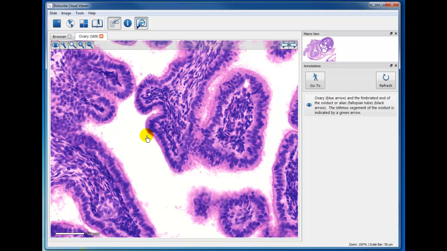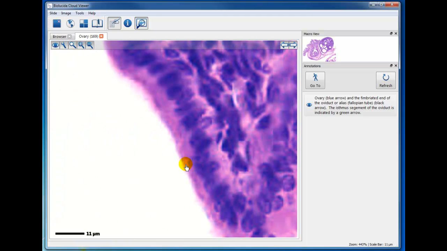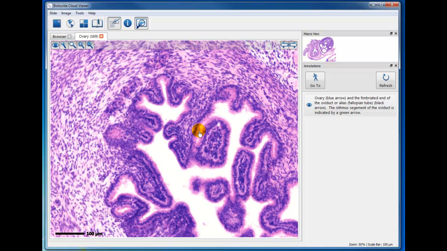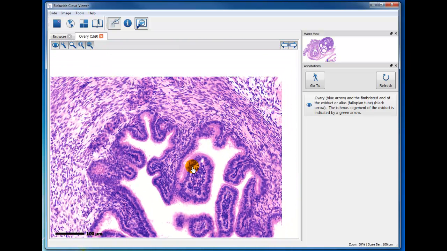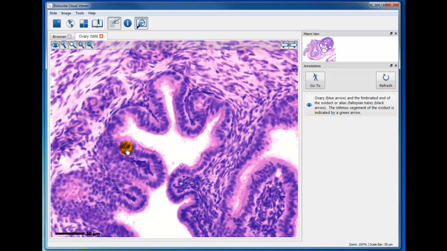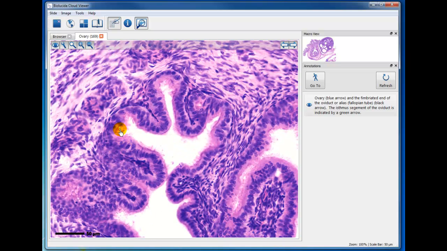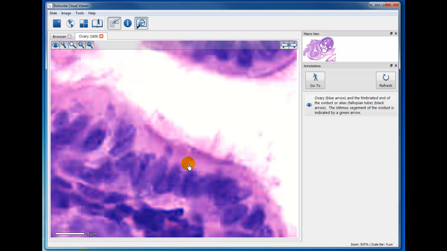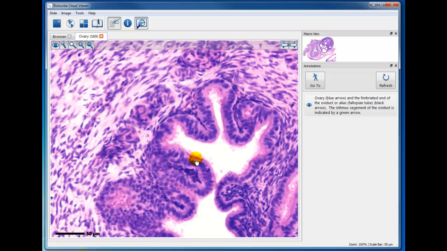There are some cells here, if I enlarge, that look fairly smooth, but this may be due to the plane of section. If we look at this area right here and enlarge this, the projections here are mostly cilia. So at least in the lab specimen identification, we won't require you to distinguish between the peg cells and the ciliated cells, just to know about them from the lecture.